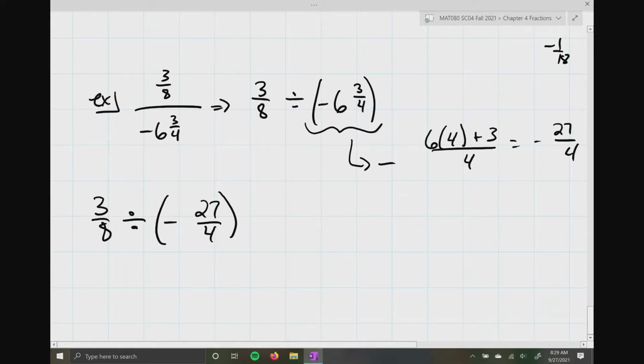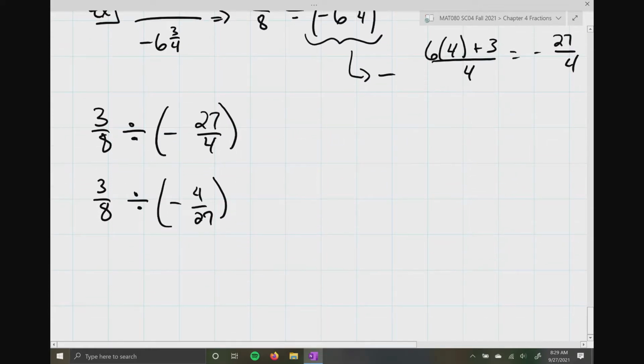So rewrite the first fraction. Reciprocate the second, which means to flip it. Oh, sorry, that changes to multiplication. So now, I simplify first, multiply second.